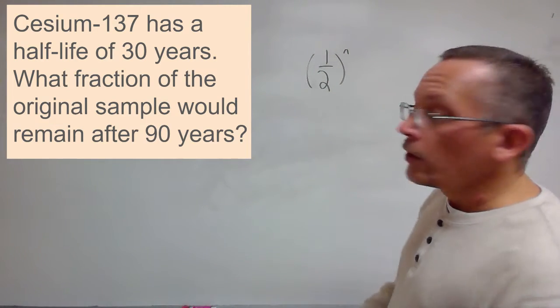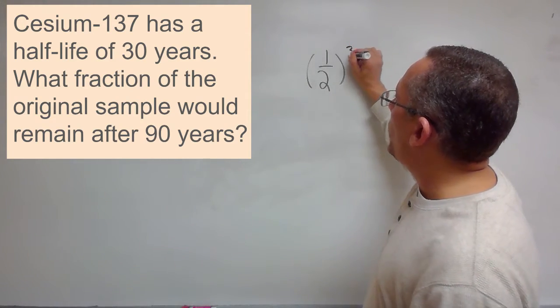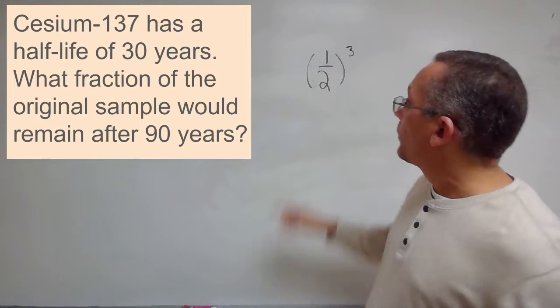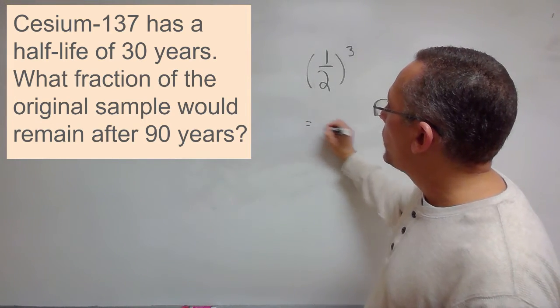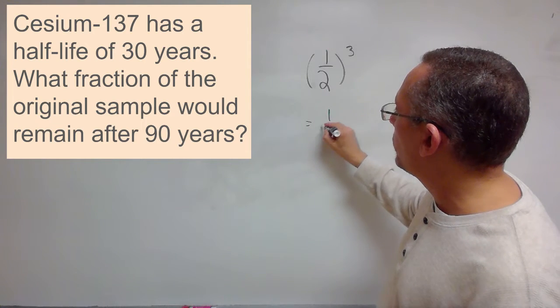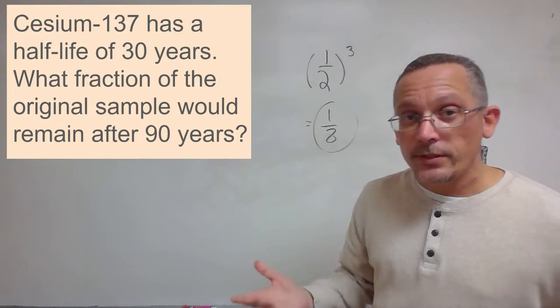To the number of half-lives. Well, if the number of half-lives is 3, what's 1/2 to the 3rd power? Well, 2 to the 3rd power is 8. So what fraction remains? 1/8. Pretty simple, huh?